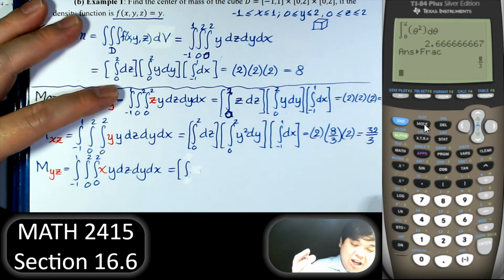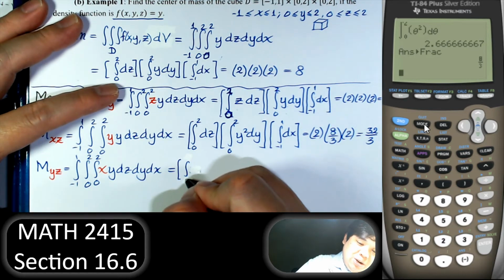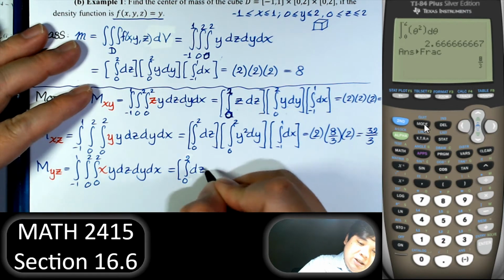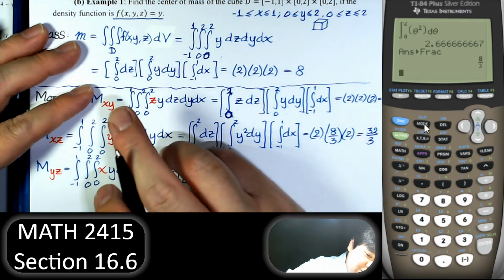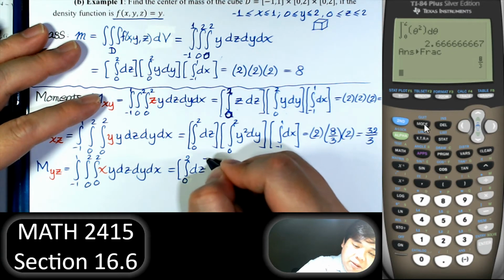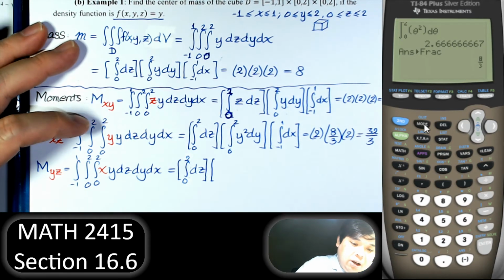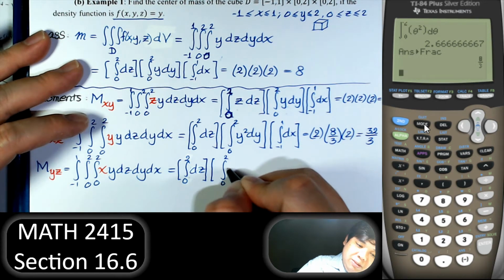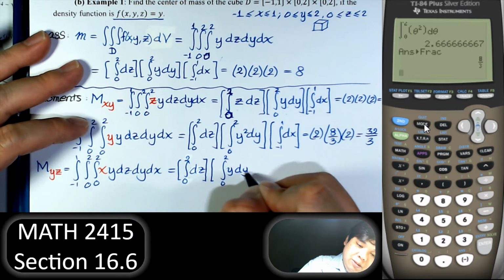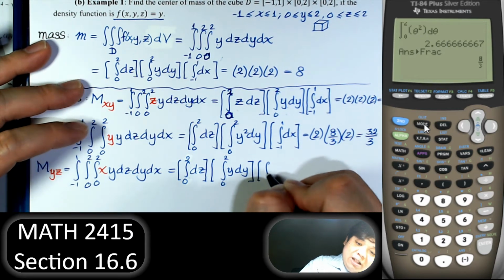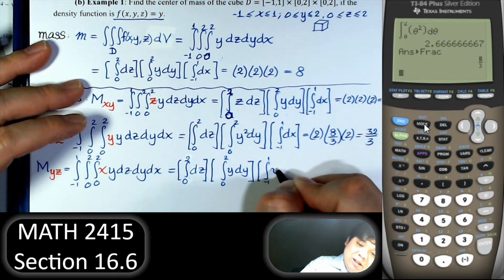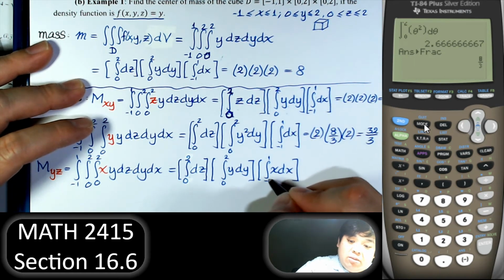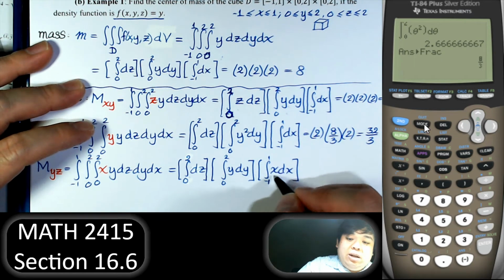Now, reverse alphabetical order. For z, 0 to 2. There's no z here. For y, and this time we have an x. Now this is what I was talking about, symmetric limit, an odd function.